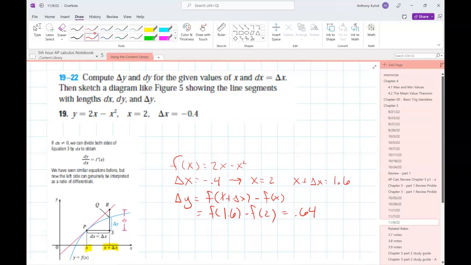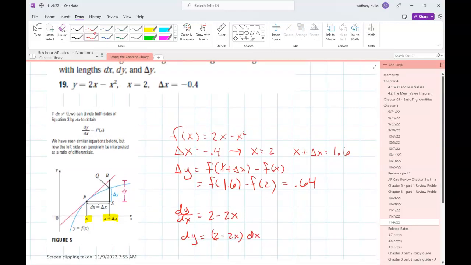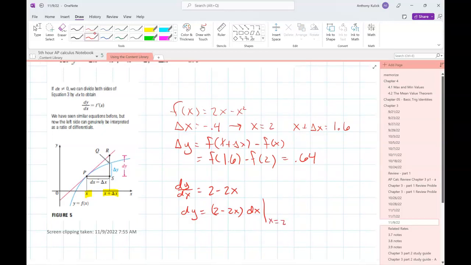And I'm going to calculate dy. So dy dx is 2 minus 2x, so dy is 2 minus 2x times dx. If I evaluate this where x is equal to 2 and dx is equal to delta x, I get 0.8.